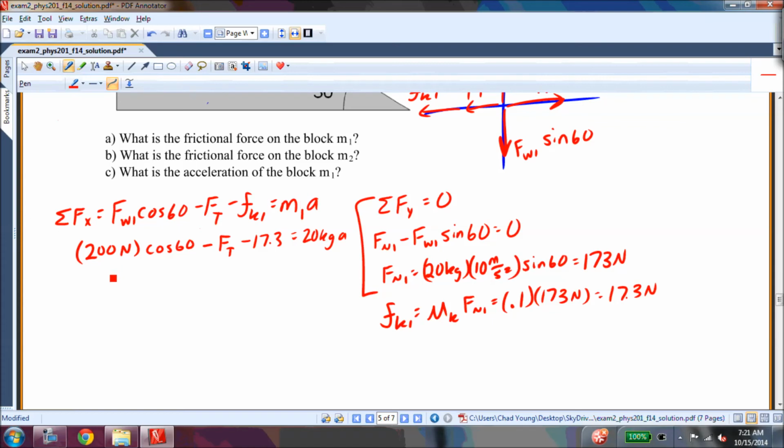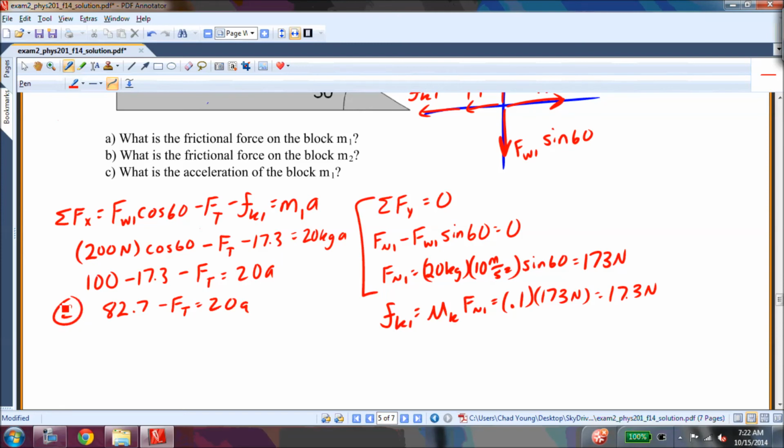Okay, so this is going to be 100 minus 17.3 minus Ft equals 20a. Let's see, 100 minus 17.3, what's that, 82.7? I'm going to call this equation 2.